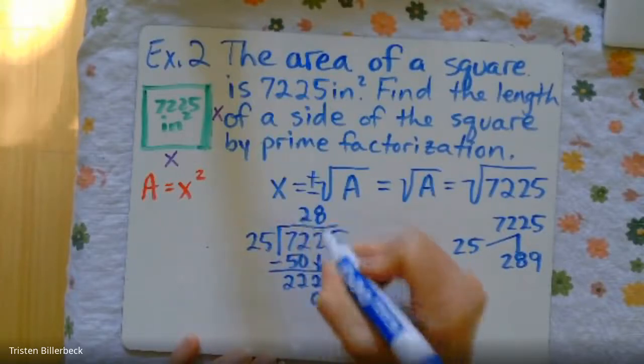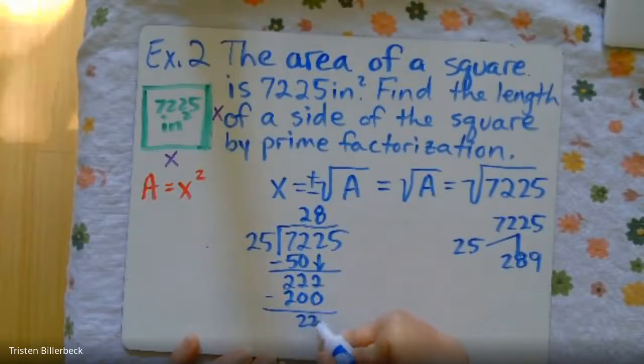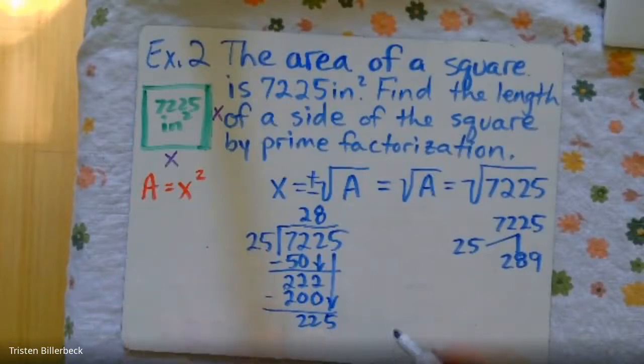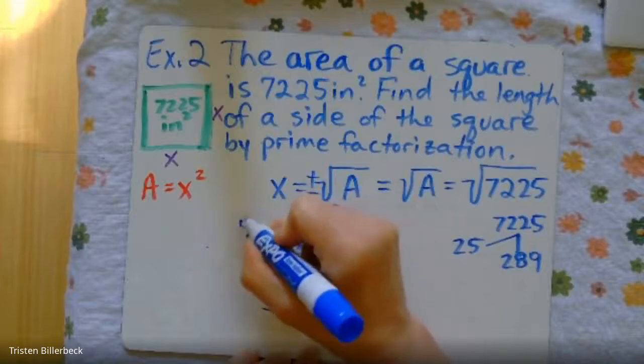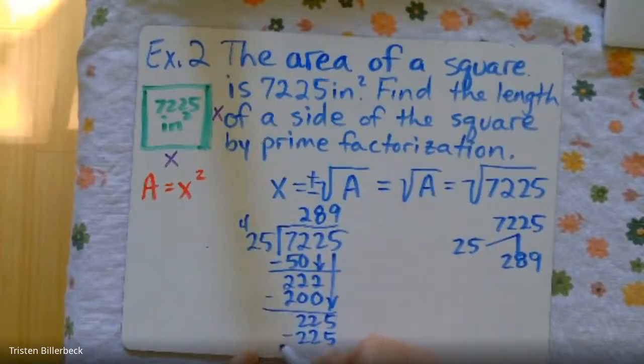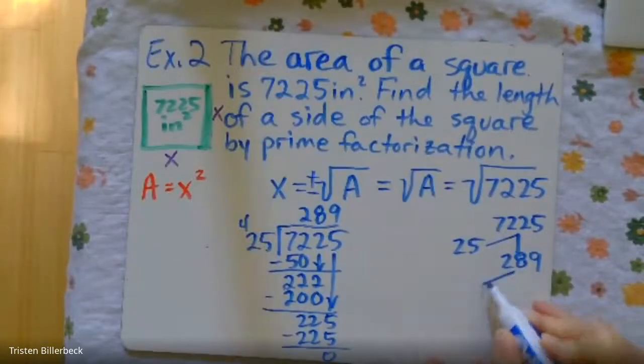So I have 40, 200, and I subtract, and I get 22, and I drop the 5 down. Well, that's just one more quarter than this one, so that has to be that. So we have 45, carry 4, that's 1822, and we subtract, and we have it.